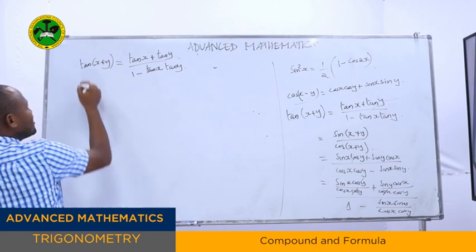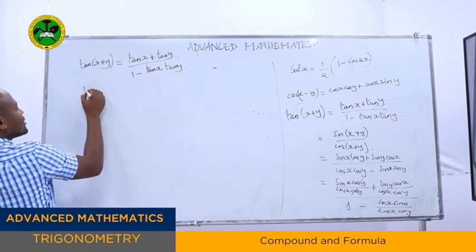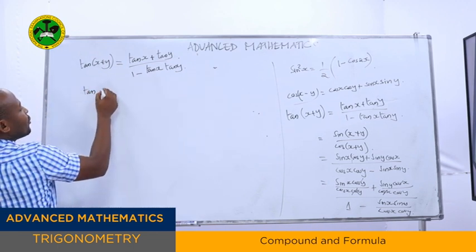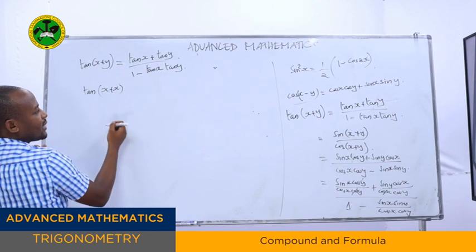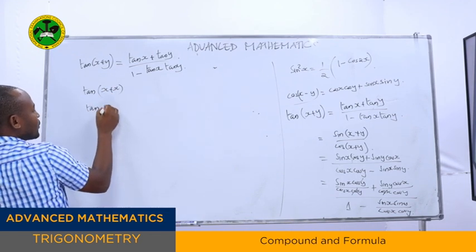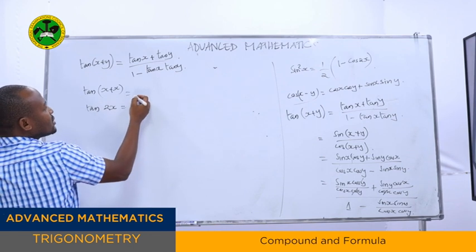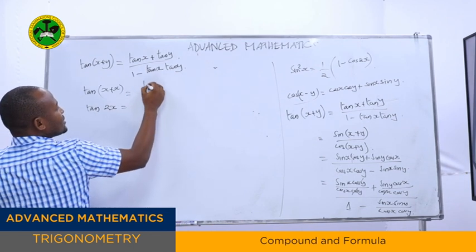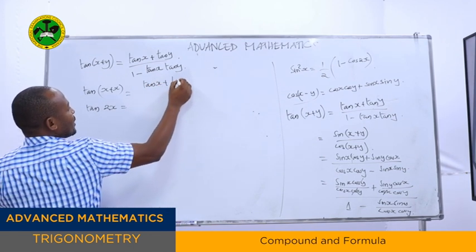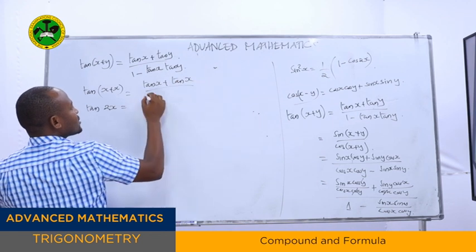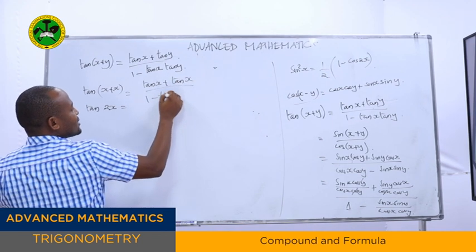But also sometimes you can have something like this. Let's say you have tan(x + x). That means this is tan 2x equals what? There we can see it is (tan x + tan x) over (1 - tan x tan x).